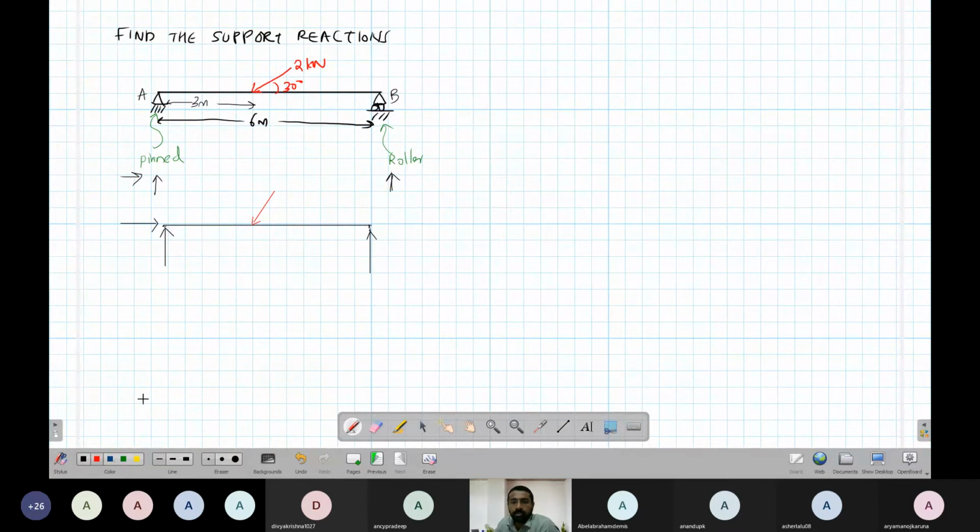So this is my 2 kilonewton. This is my vertical at A. This is my horizontal at A. This is my vertical at B. I will mark the distances also. There's 3 meters here and 6 meters here.